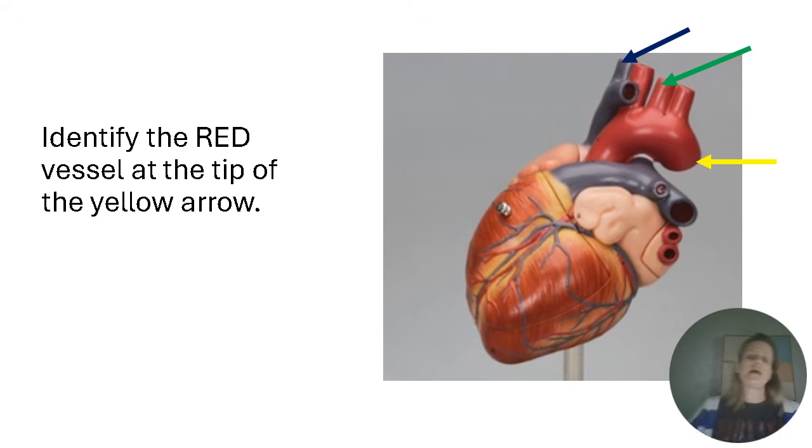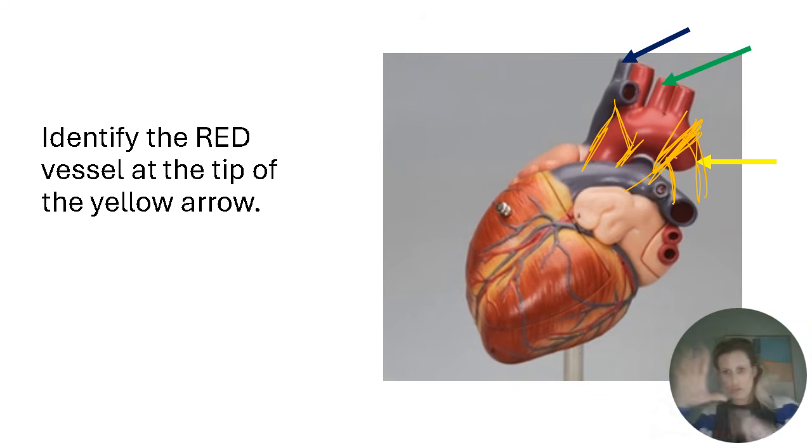The red vessel at the tip of the yellow arrow. This is the very beginning of the thoracic aorta. Remember, there's the ascending aorta, and then from like here to here is the aortic arch. Once we get past that third branch, the aorta has turned and it's starting to go down as the descending aorta. But we actually break that up into two different parts.